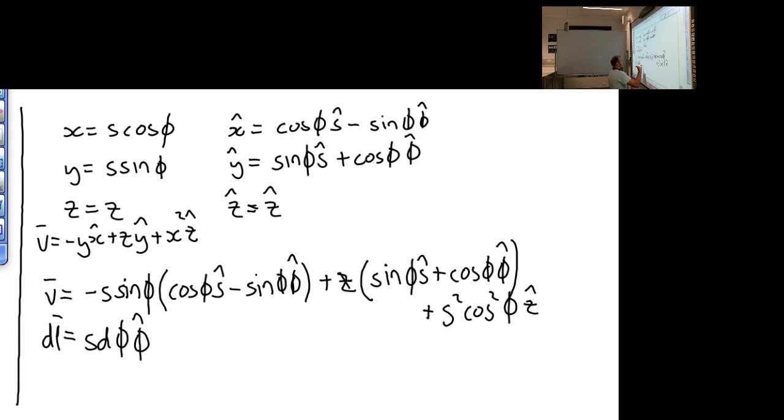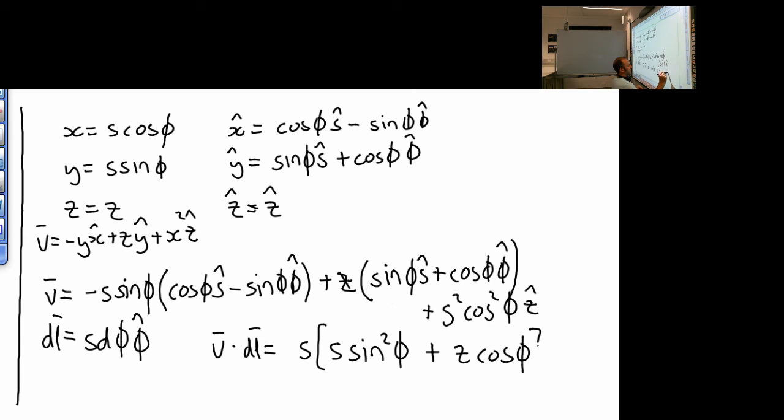So V dot dl is going to be equal to minus by minus, we've got s into s sine squared phi plus z cos phi d phi.